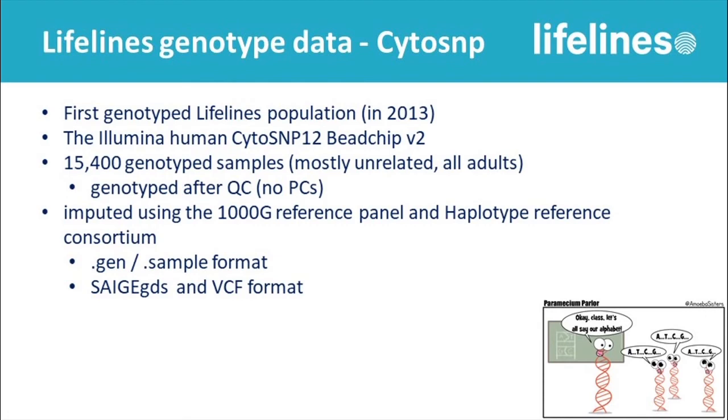We have the genotyped samples after quality checks, QC, available, but no principal components, PCs. And the data was imputed using the 1000G reference panel. And last year, the data was also imputed using the haplotype reference consortium. And we have these different file formats available.